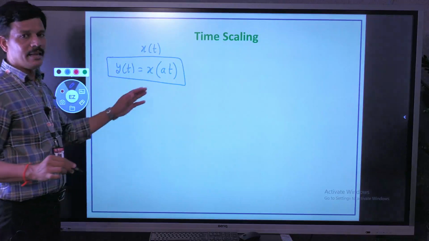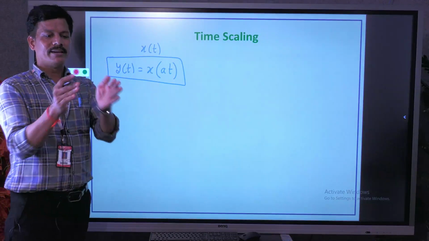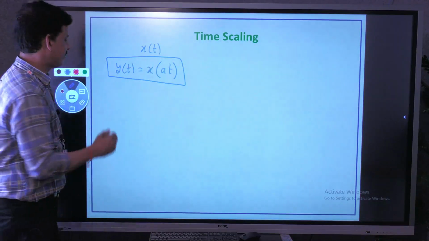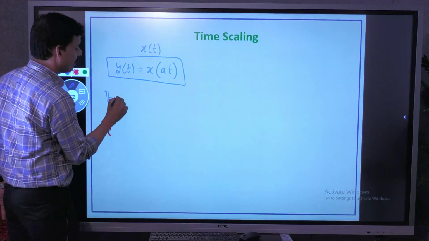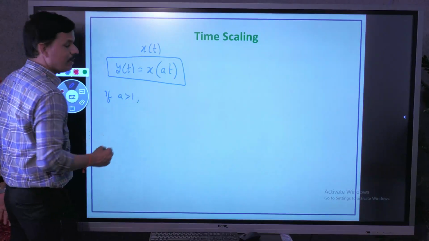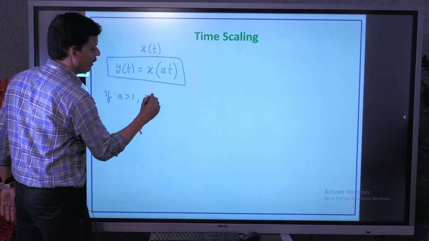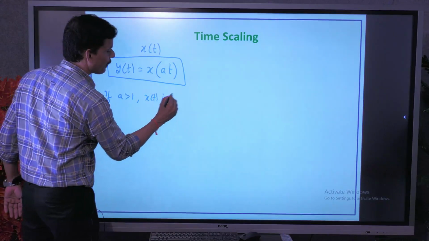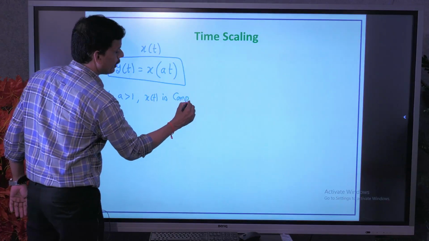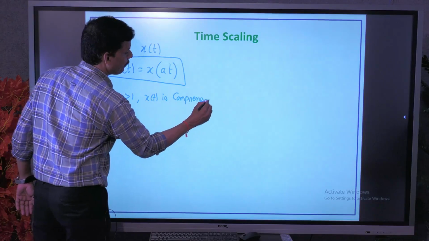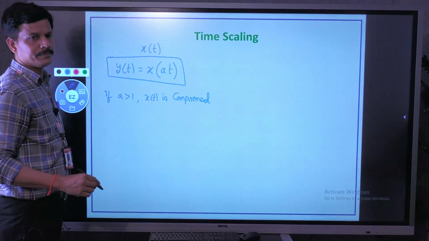Based on A, we can tell whether it is expanded or compressed. If A is greater than 1, x of t is compressed with respect to time.